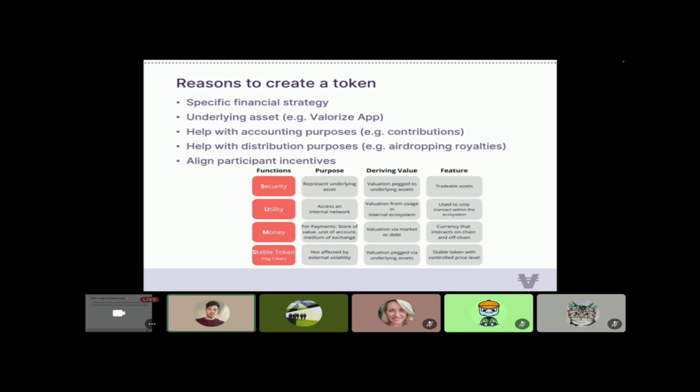It's valuated via the market, and its feature is to function as a currency. The last one is the functionality as a stable token, which means it cannot be affected by external volatility. Its valuation is pegged to an underlying asset, which is often a stable asset, obviously, and it will have a controlled price level as a consequence.